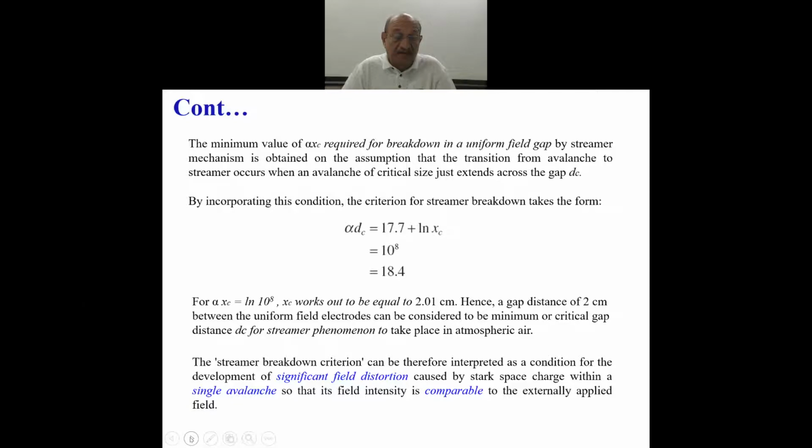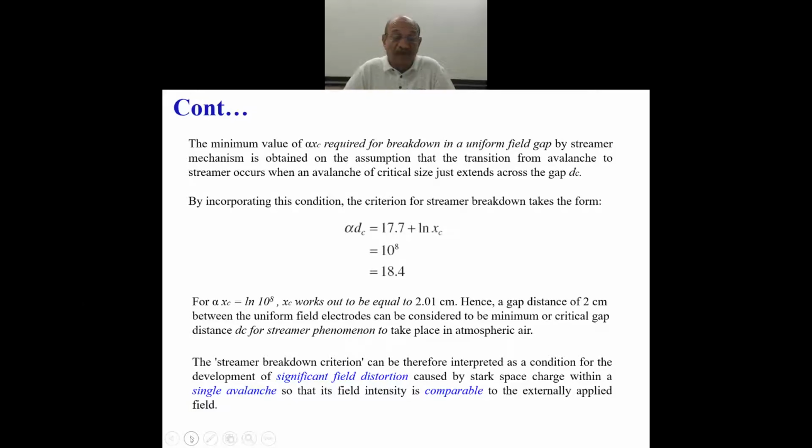It is obtained on the assumption that the transition from avalanche to streamer, the Townsend to Raether process, occurs when an avalanche of critical size just extends across the gap distance, that is dc.